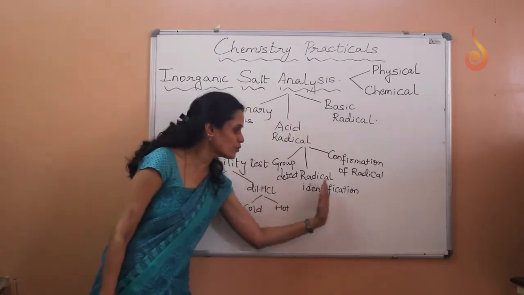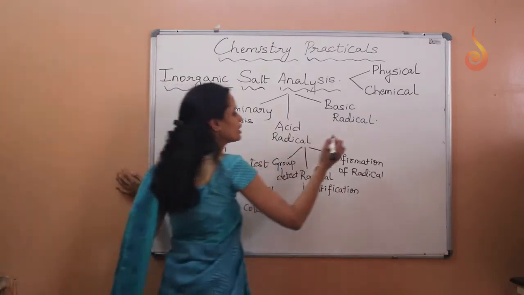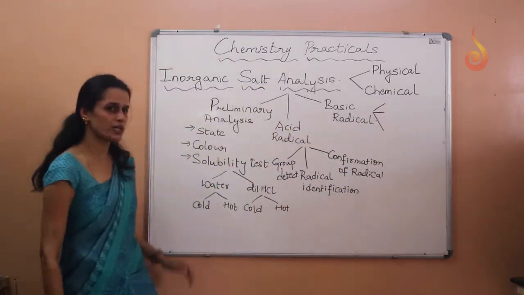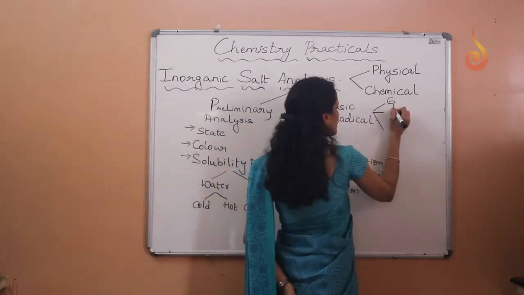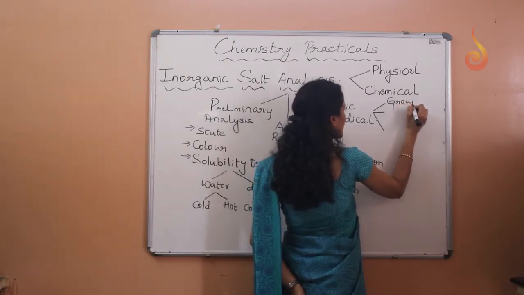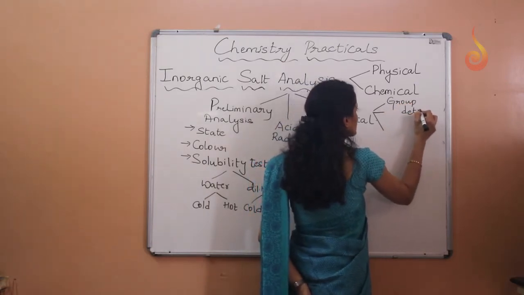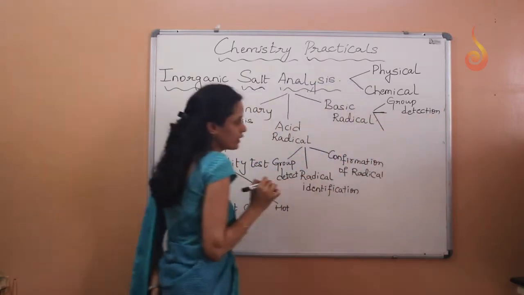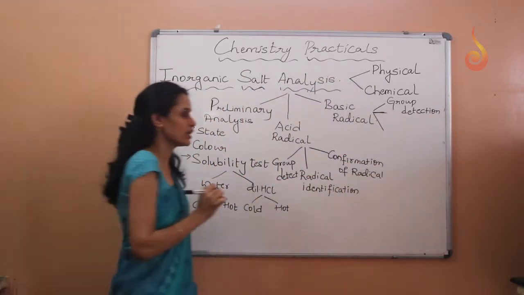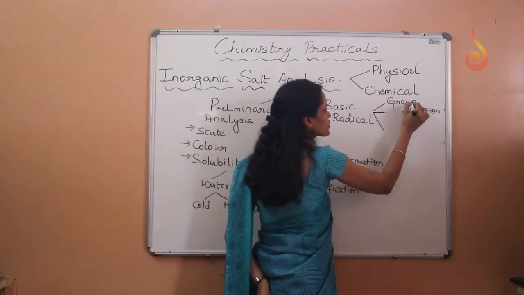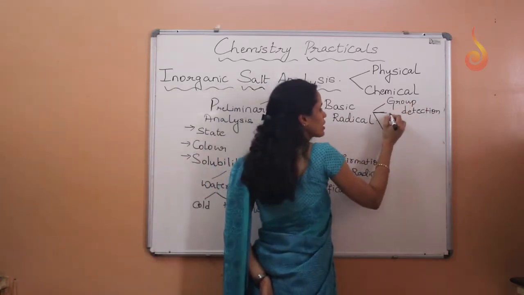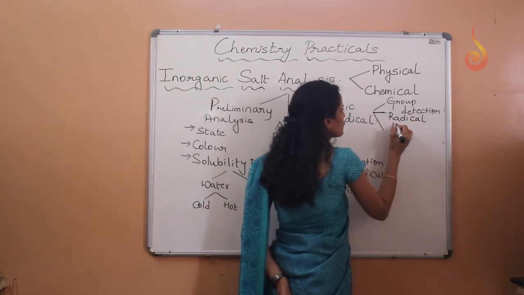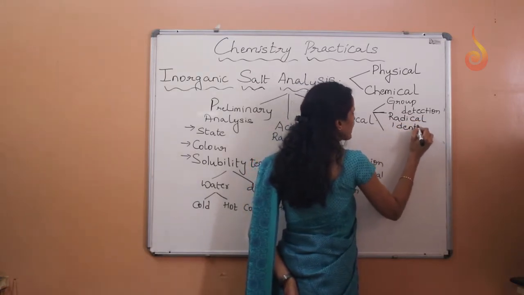These same 3 steps are also involved in basic radical detection. First is group detection. In the case of basic radicals, we have 7 different groups and many ions are present in each group. So, to reduce our work, first we'll identify the group. Once we identify the group, we will identify the radical.